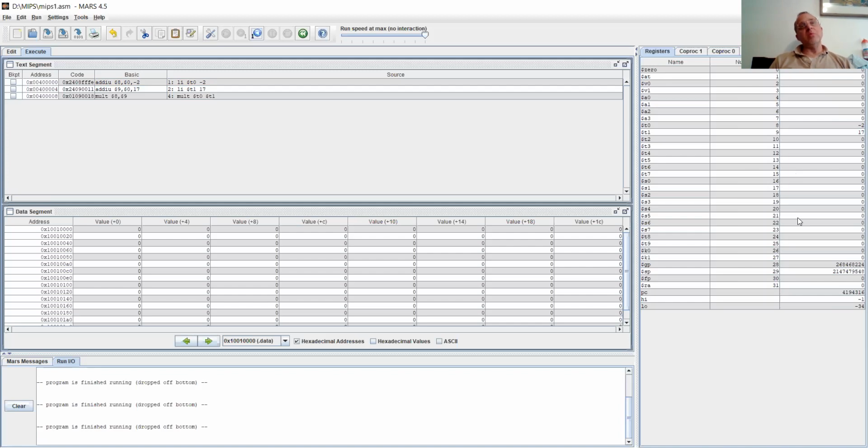In other words, if I take the number 0, 1 and I want to put it into a 32-bit register, I'm going to fill up the left side with zeros because it's a positive number.